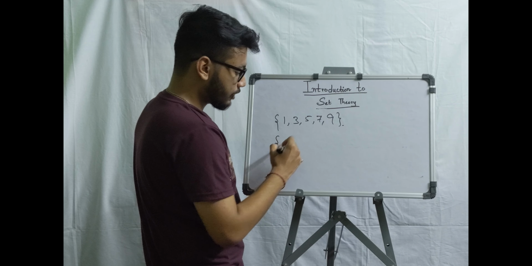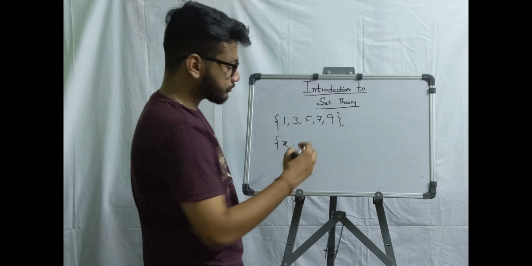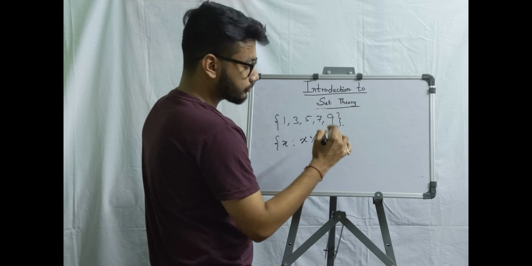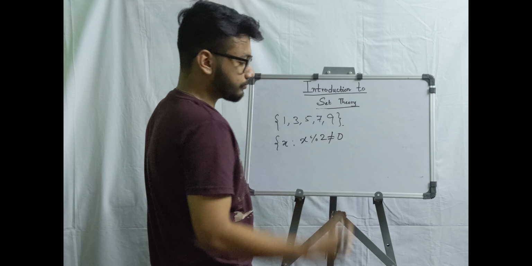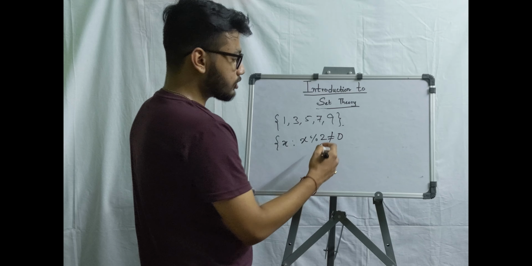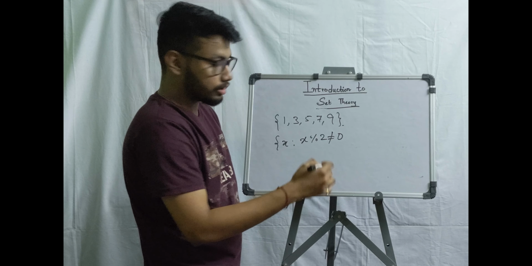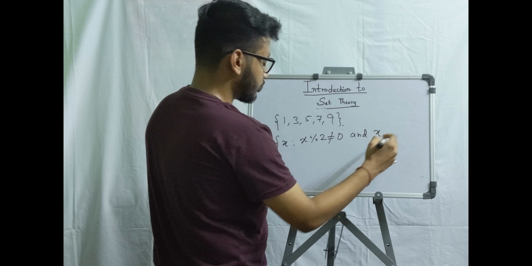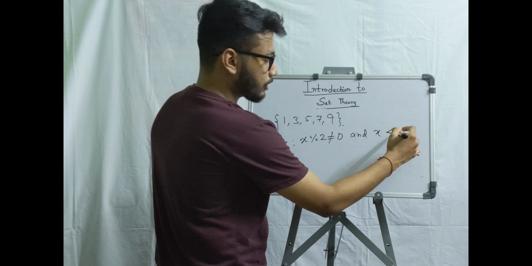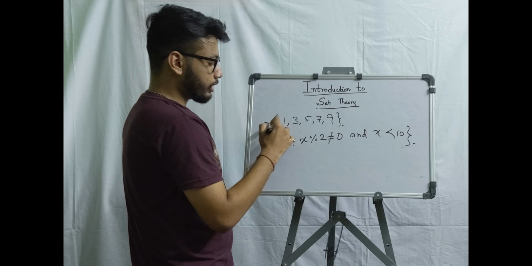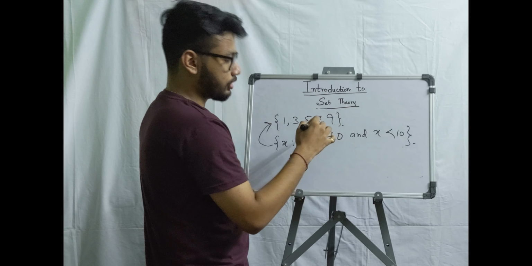It will be x such that x modulus 2 not equal to 0, because in case of an odd number, when we divide it by 2, the remainder is not 0, and x is less than 10. That's it. In this way, we get the set of all odd numbers which is less than 10.